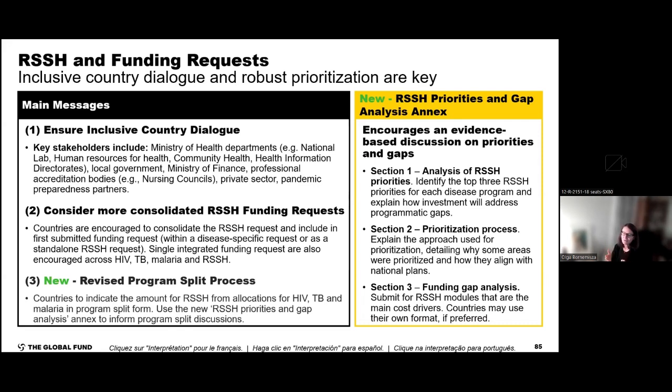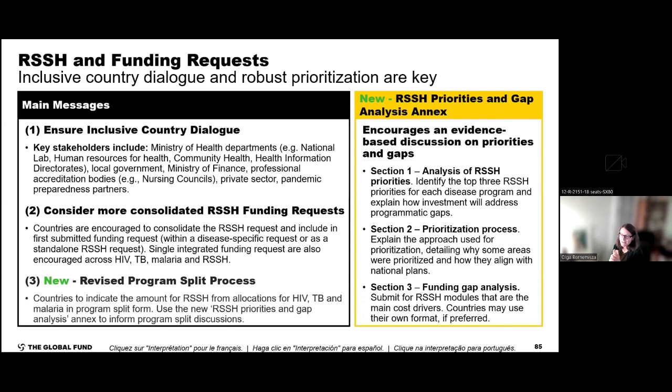And it can be either within a disease-specific request or as a standalone RSSH request. For the few countries that have done it, they've really quite liked it. They found it very efficient to do one funding request. You don't have to do HIV, TB, and malaria separately. You can bring them all together. So that is allowed and encouraged for countries that might be interested in doing that.